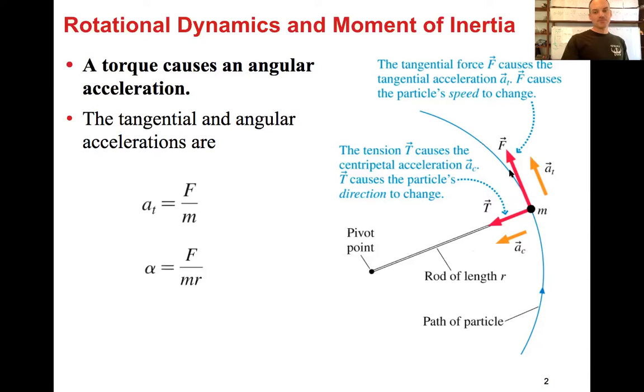And there's a tension force, which is a capital T, that's keeping the object from breaking that centripetal acceleration. And then there's a torque applied to the object to get it to increase its speed around the circle. So there's two different accelerations happening, and you don't want to really get those confused too much.